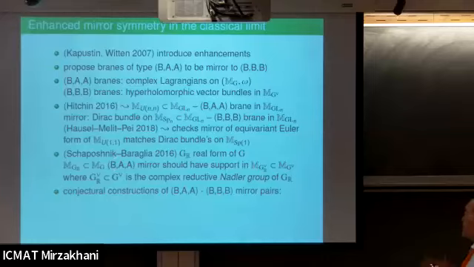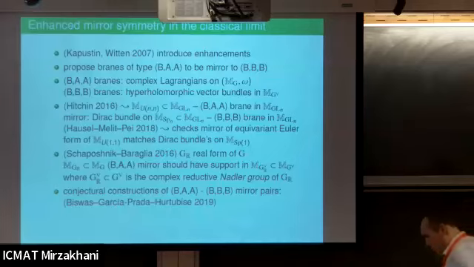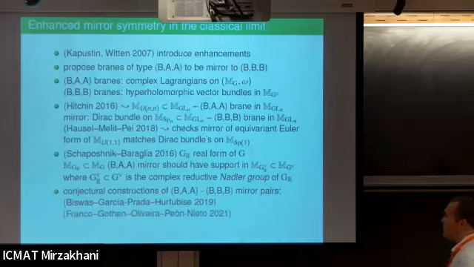And then there were various groups playing around constructing various branes and trying to match them on their mirror. So there are these BAA, BBB mirror pairs, but there are also ABA, AAB mirror pairs. For example, Garcia-Prada and Hurtubise constructed some ABA branes which use certain involutions, and then other work of Franco, Oliveira and Peón-Nieto.